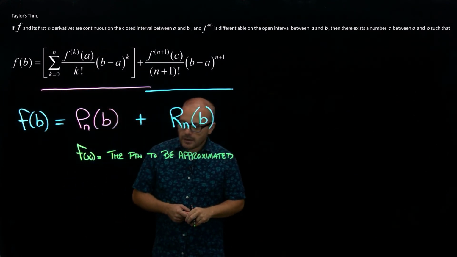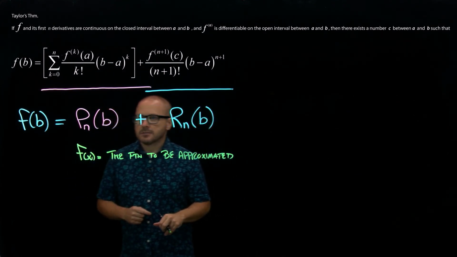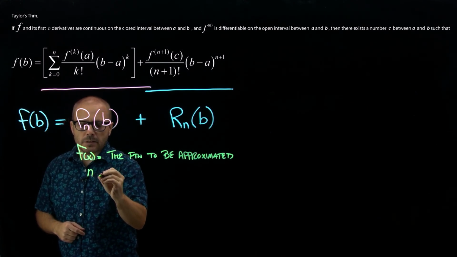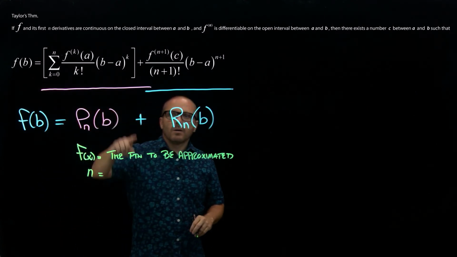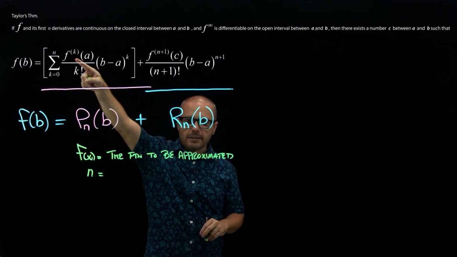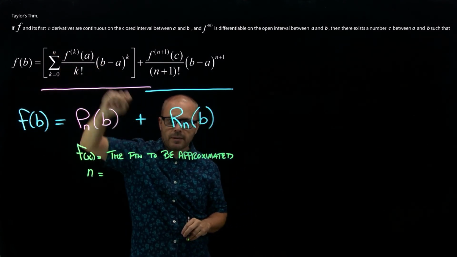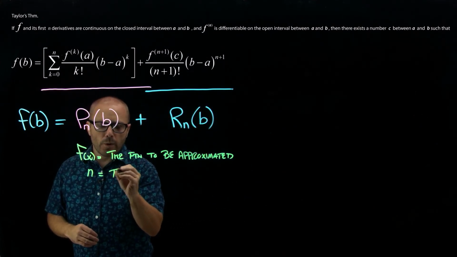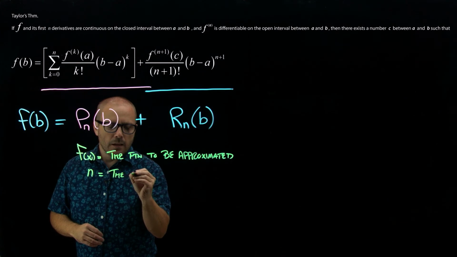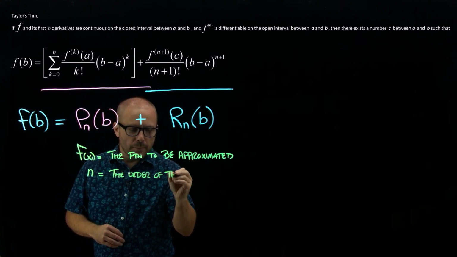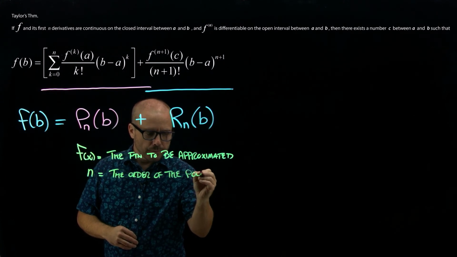And then there's an n in there. So what is this? This is the nth order Taylor polynomial, right? That's what the n tells us here. We're going up to the nth order term there. So that's the order of the polynomial to be used.